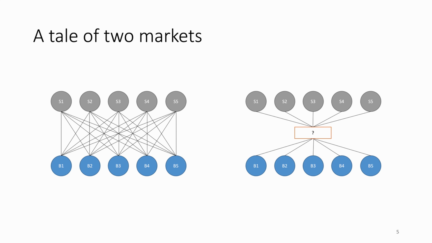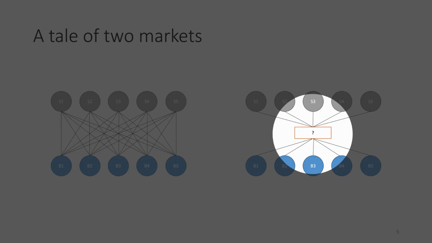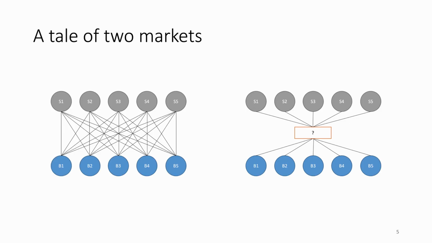Can you think of some examples of the market on the right? Well, I'm sure many of you, given the reminder from the previous slide, have thought about Craigslist or eBay. Those are great examples. And in today's Amazon's third-party seller marketplace, it's similar.